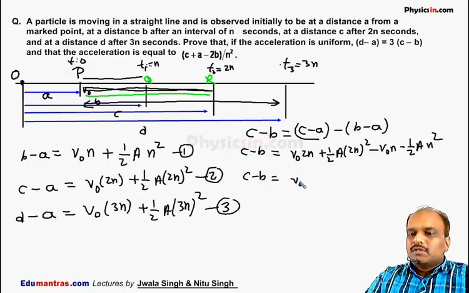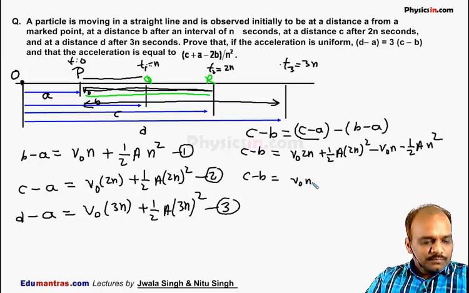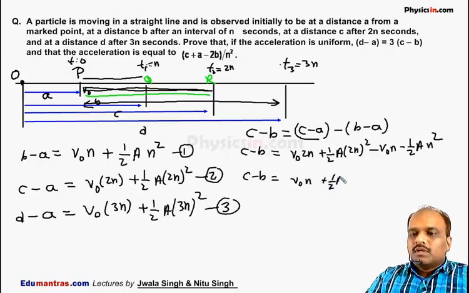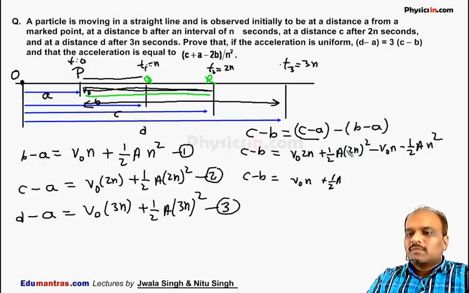So c minus b comes out to be v naught into 2n minus v naught into n, we get v naught into n, plus 1 by 2 a into 2n square minus n square, which can be written as 3n square.